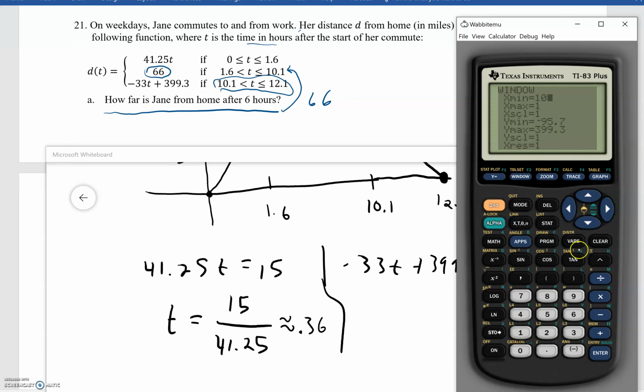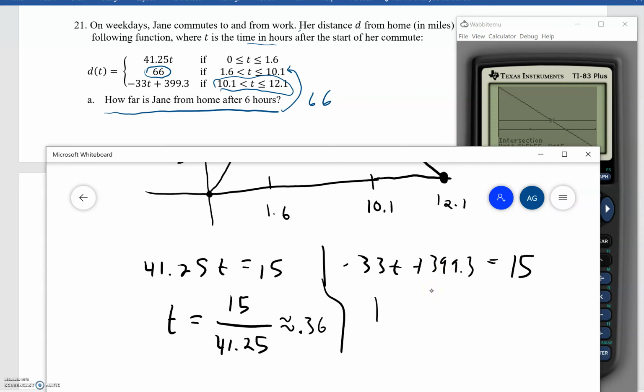I'll do from 10 to 13, and then I'll do zoom fit. This will just give me a better picture to do my calc intersect. Enter, enter, enter. 11.64. And that'll round to be 11.65.